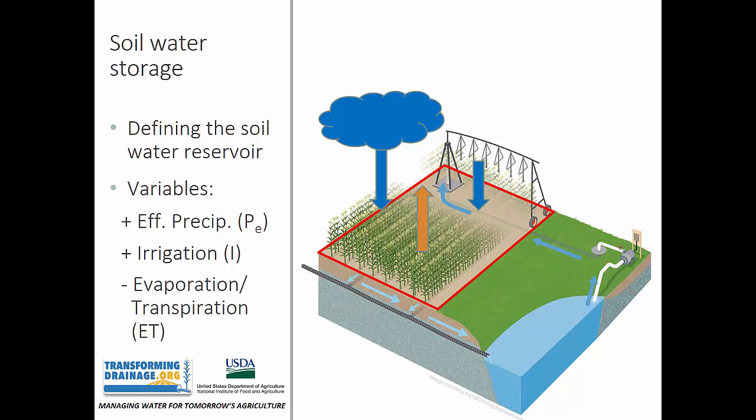The last variable that we incorporate is a loss term, and this is represented by soil water loss due to evapotranspiration. So effectively, our equation for tracking daily soil water becomes effective precipitation plus any applied irrigation minus water loss through evaporation or transpiration by crops.